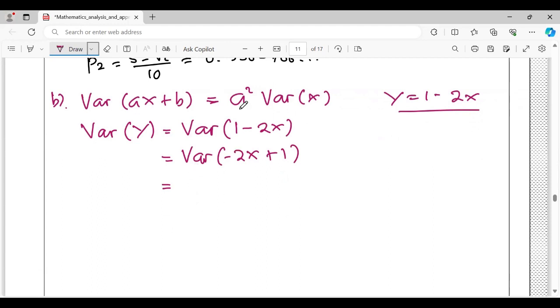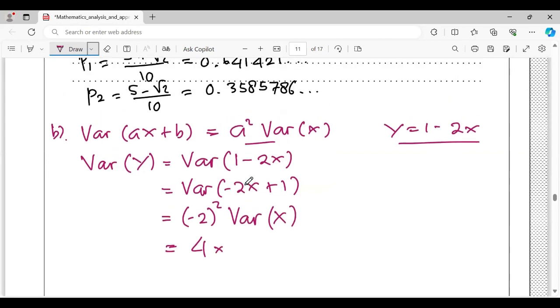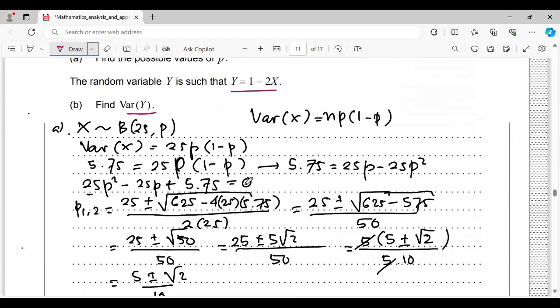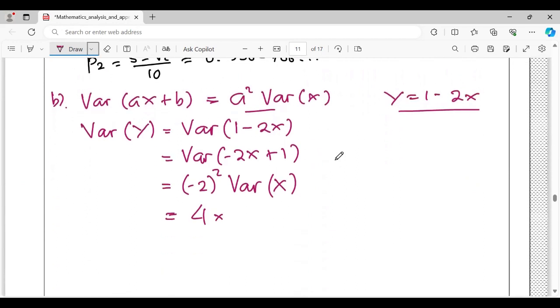Based on this rule it will be minus 2 squared times variance X. So it is 4 times variance X. Variance X is 5.75. So 4 times 5.75 is 23.